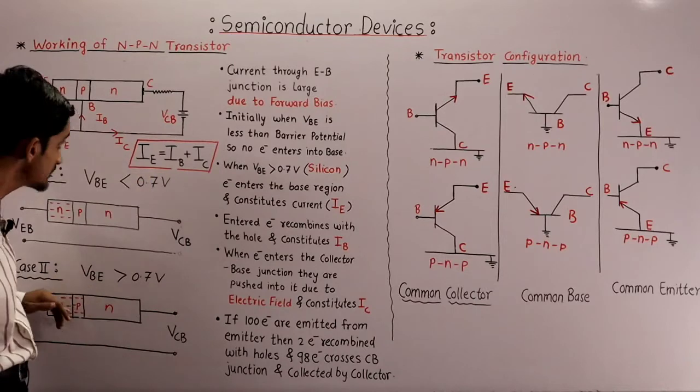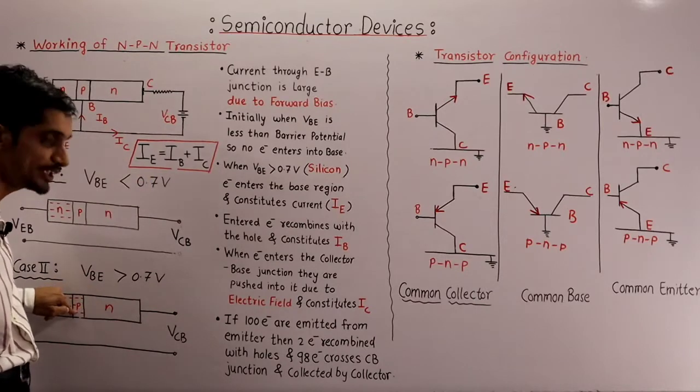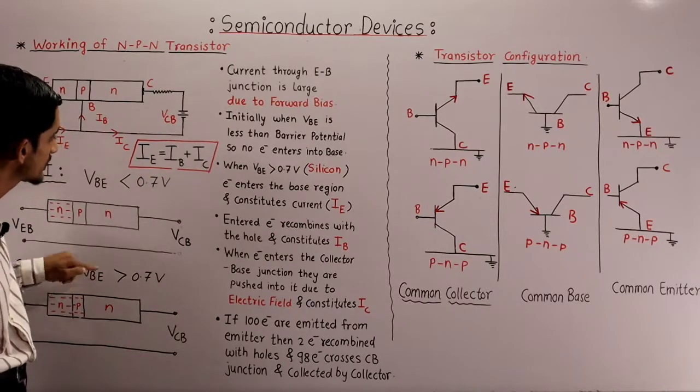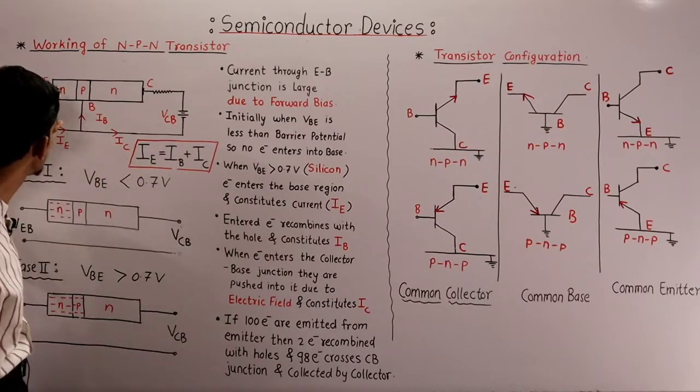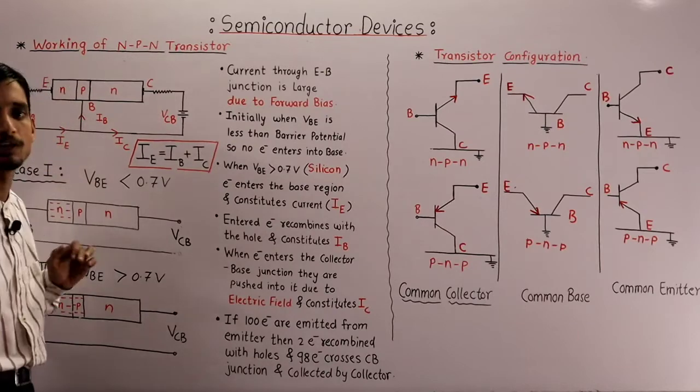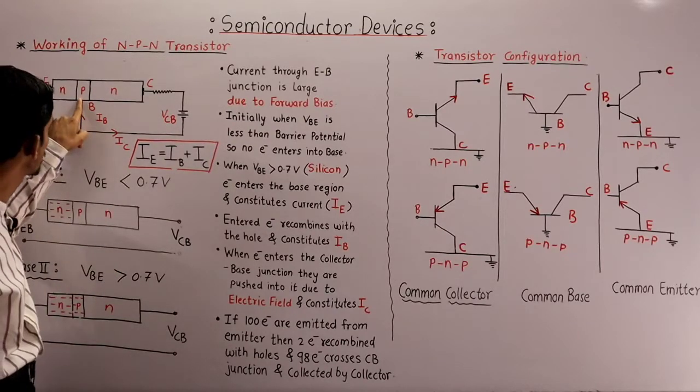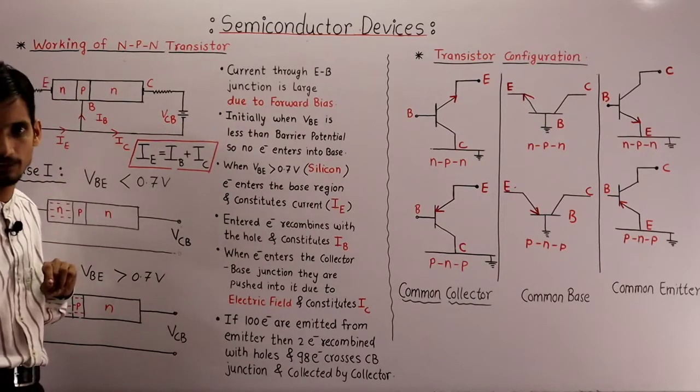When these electrons enter into the base, that time it constitutes a current called emitter current. So this emitter region is responsible for the emitter current, and the base region is responsible for the base current.